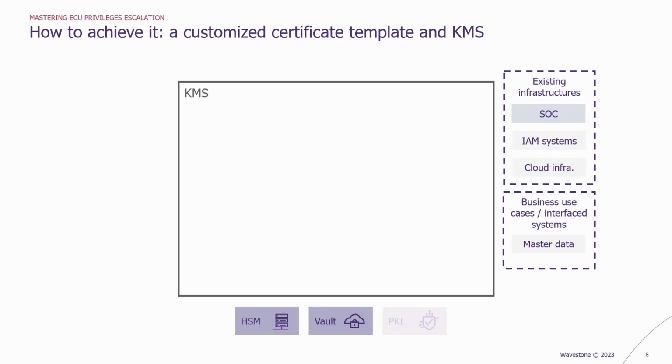That's the bottom of my slide. On the right of it, you have your existing infrastructure. You don't want to redevelop anything that exists. You have a security operations center that is made for traceability. You have identity and access management systems that are made to grant access. And you have your business applications that have a whole lot of master data to be put in your keys or as metadata in your keys.